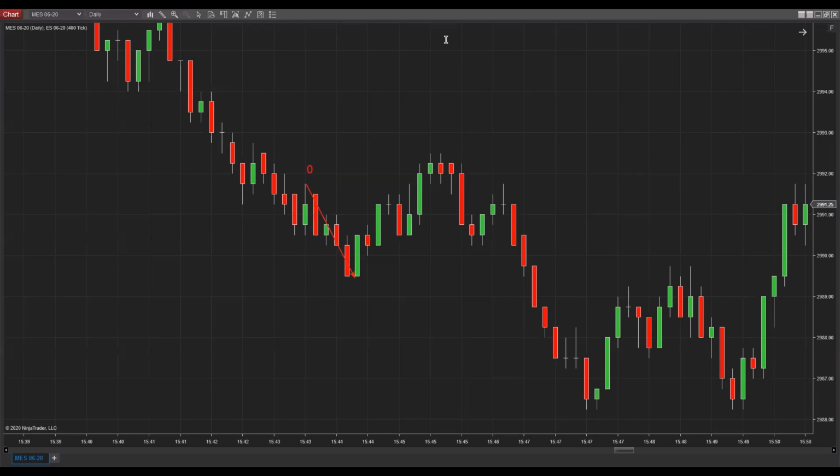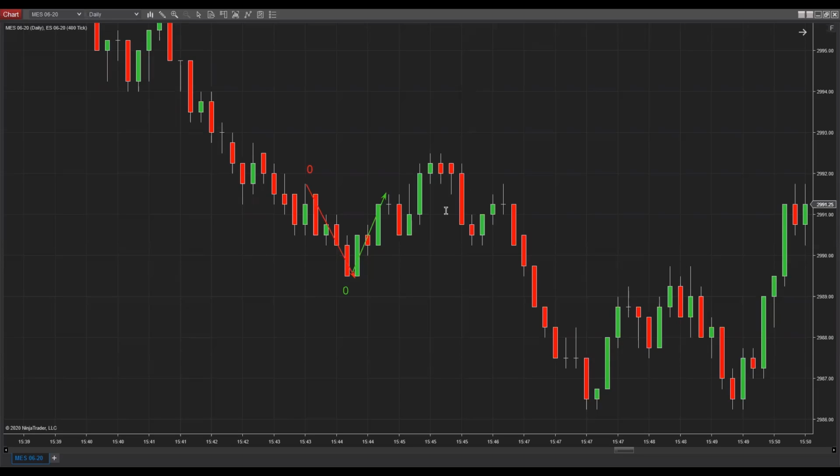This is the first down leg. This leg here is the first up leg, which I'll signify with a 0.